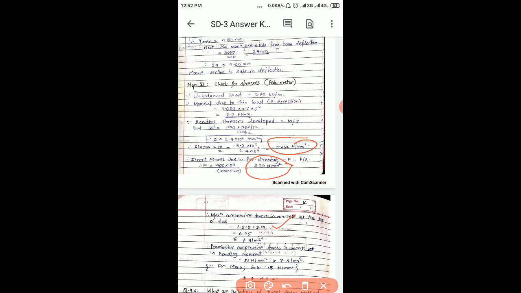Okay, so 6.95, or approximately 7 Newton per mm square.